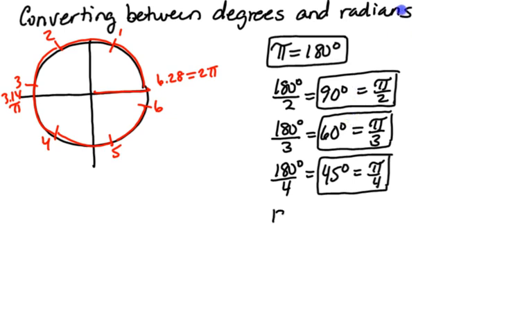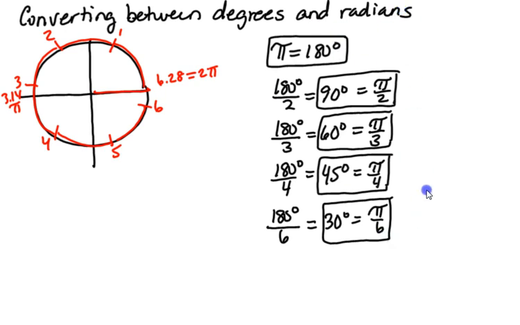And if I take 180 divided by 6, I get 30, and so 30 must be pi over 6. These are really important ones to remember.